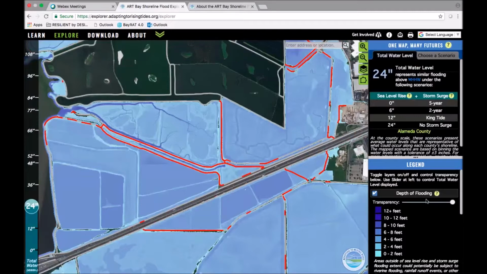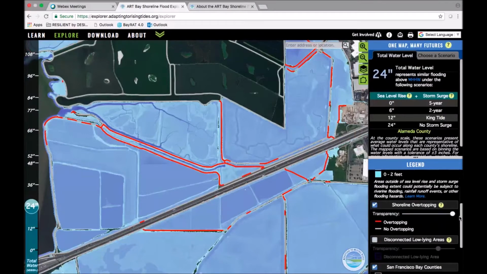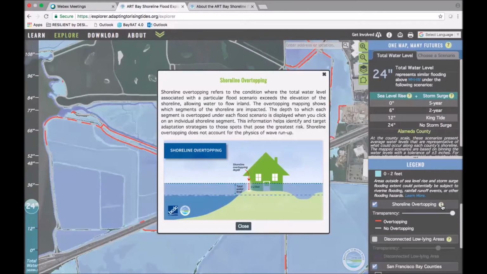In our legend, we see that our overtopping data is symbolized as these red and gray lines along the shoreline. And we can remind stakeholders what the definitions of these terms are using some of the visual cues that we've employed in our learning section.